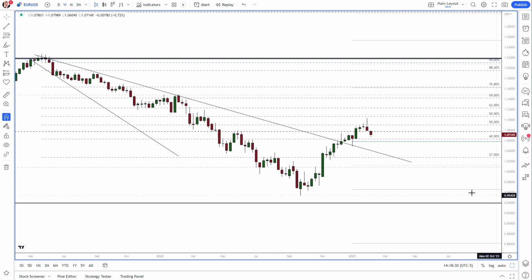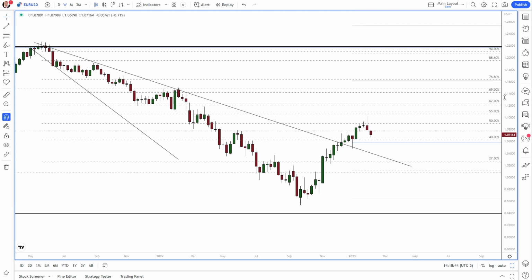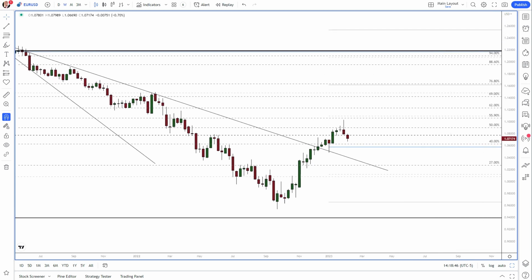So if we do find support in this zone, I will look to take a potentially long position right at this pivot point, and to see if we're going to make that move all the way up to the 62%. Now I know everybody looks at the standard Fibonacci ratios, 61.8, you got the 50%, you got the 27% and so forth.